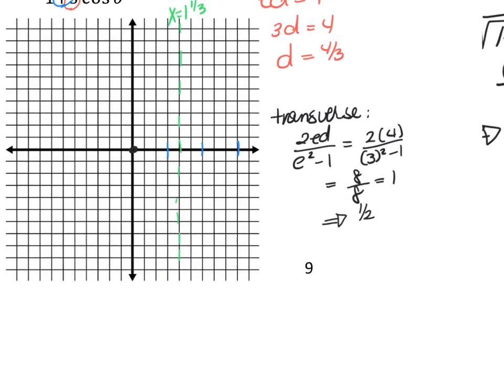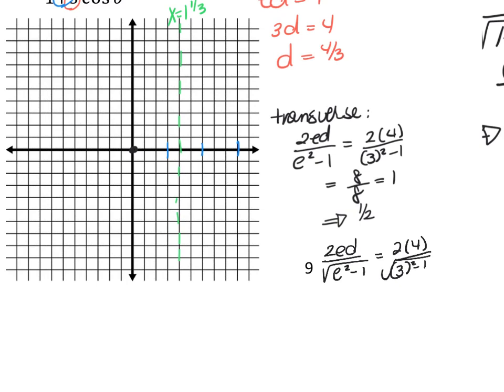I'm also going to find the length of my conjugate axis. The length of my conjugate axis is going to be 2ED divided by the square root of E squared minus 1. So I have 2 times 4 over the square root of 3 squared minus 1.